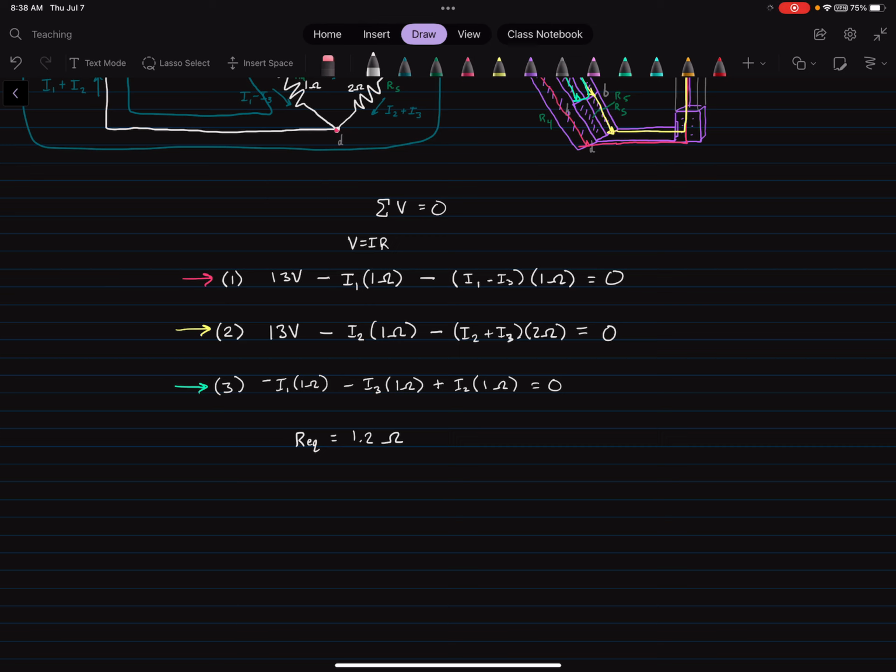What else should I give you to see if you do it right? I1 is equal to 6 amps. I2 is equal to 5 amps, and I3 is equal to -1 amp.